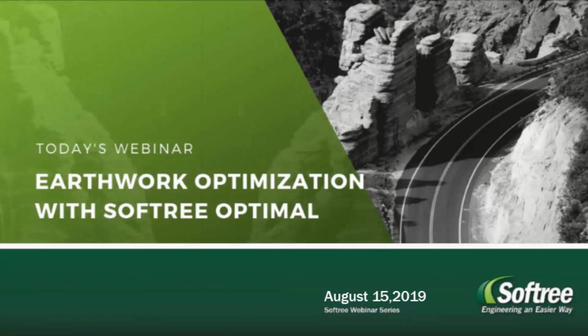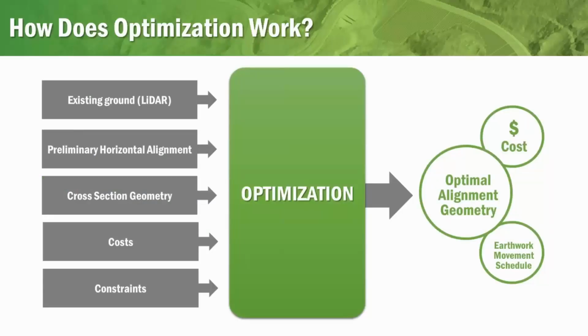Let's run through a quick PowerPoint to show you the topics we're going to be covering today. Our optimization software allows you to define an alignment. You usually need some original ground, usually LiDAR if you're working with multiple horizontal alignments, but it could be any kind of surface that represents the ground.